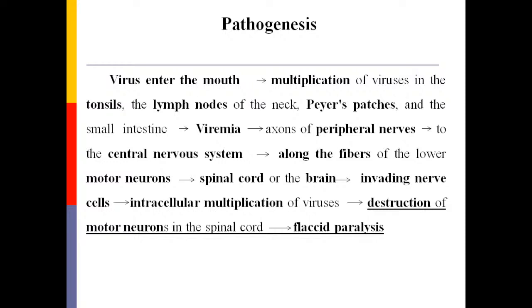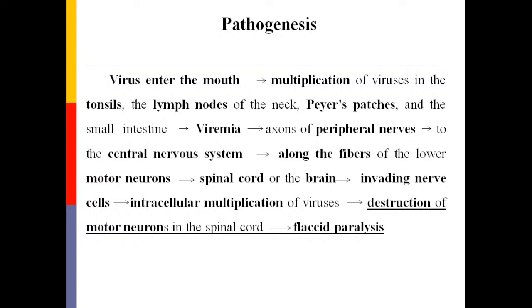Then they move along the fibers of the lower motor neurons into the spinal cord or the brain, and they infect motor neurons. They infect nervous cells, neurons of spinal cord and brain. They invade nerve cells and cause their destruction.